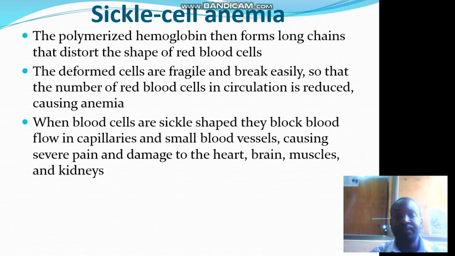Now, when the red blood cells are sickle-shaped, they also have that tendency to block the blood capillaries, and that blockage of the blood capillaries has the tendency of causing severe pain and even damage to other tissues and organs, especially the heart, the brain, the muscles, and even the kidneys.